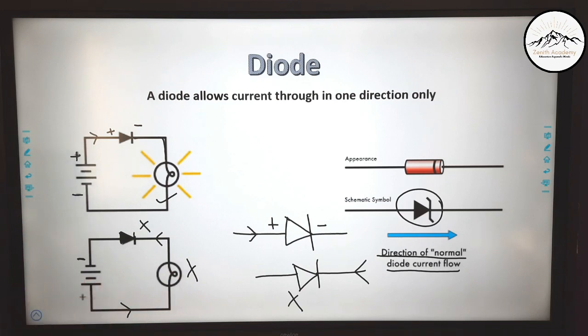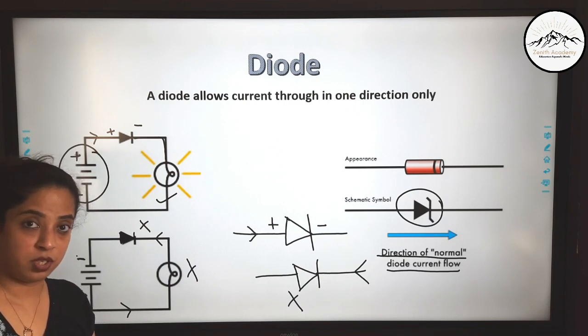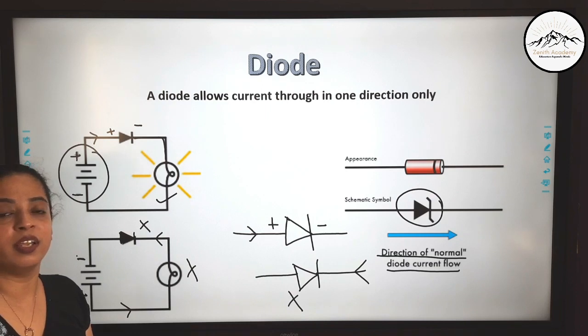So how is it useful? If by mistake, we put the battery in the other way, in other words, if we change the polarity or put the battery in the wrong position, then what may happen? Our appliances which are attached in the circuit may get damaged. For example, the radio gets very easily damaged if the connection of battery is in the wrong direction.